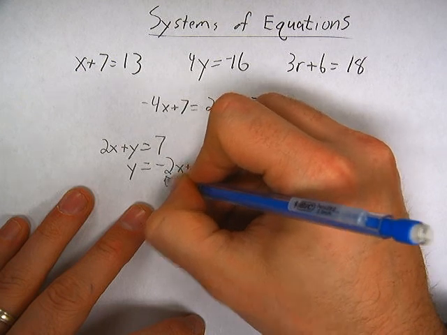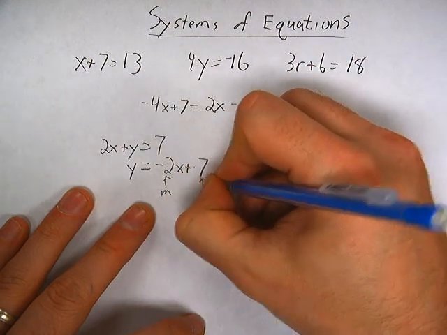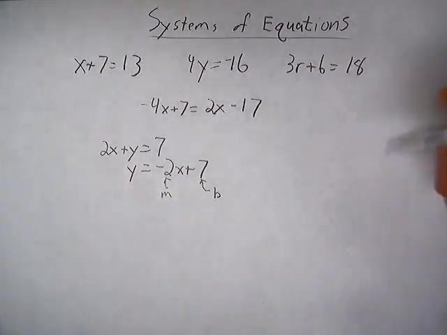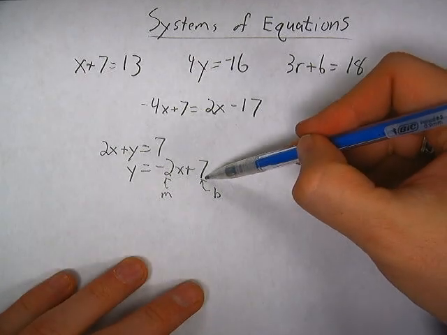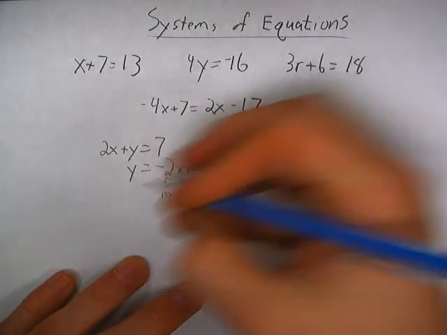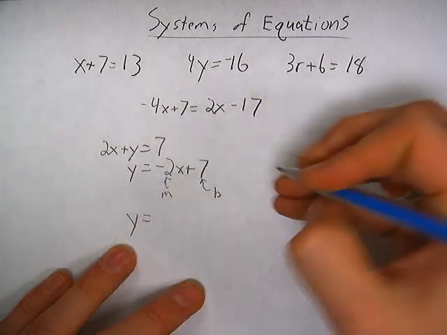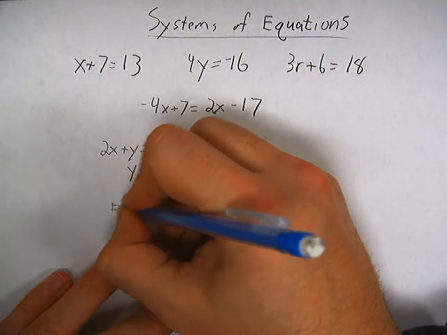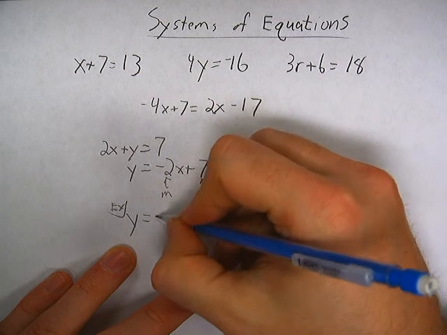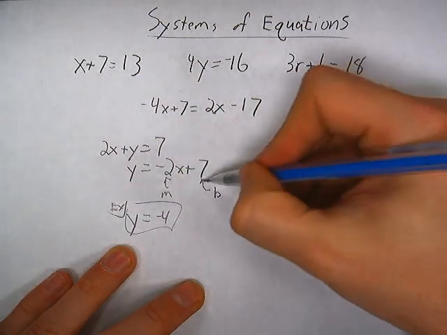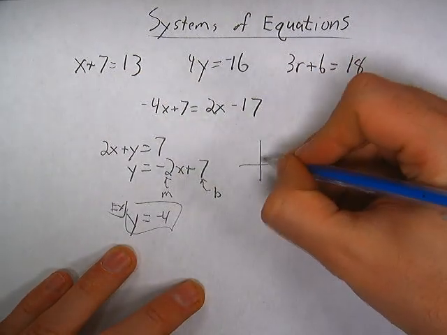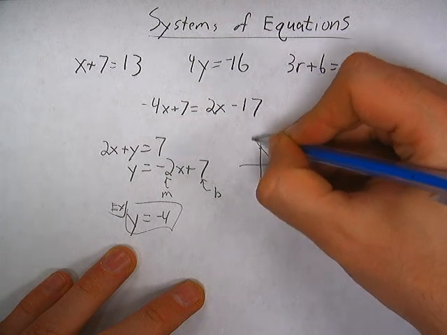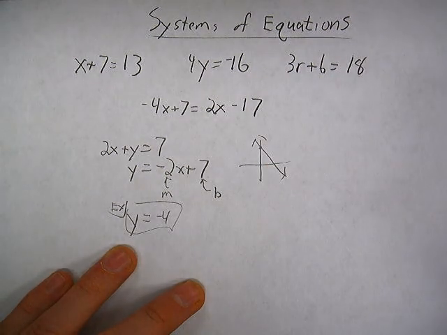You would have said that this was m, or your slope, this was b, or your y-intercept, but in this case, we're graphing, we're not actually solving. Solving would mean that in the end we had something, for example, y is equal to negative 4, and that would be my answer. In this case, your answer is going to be a graph.